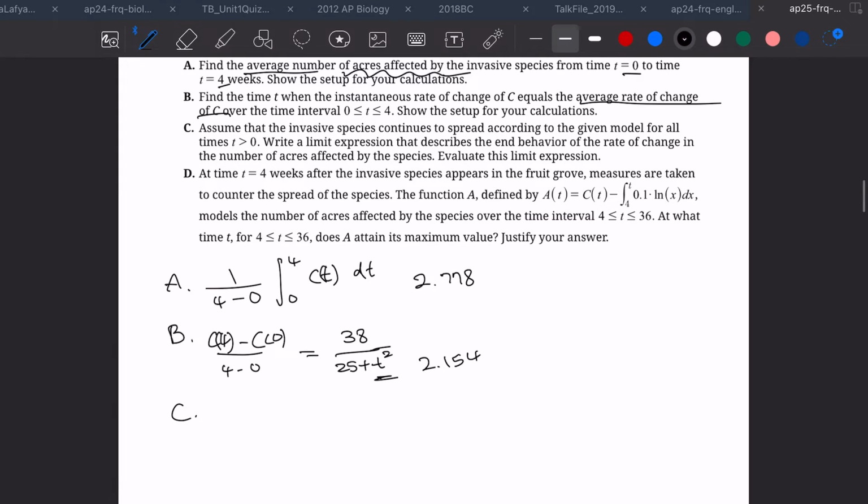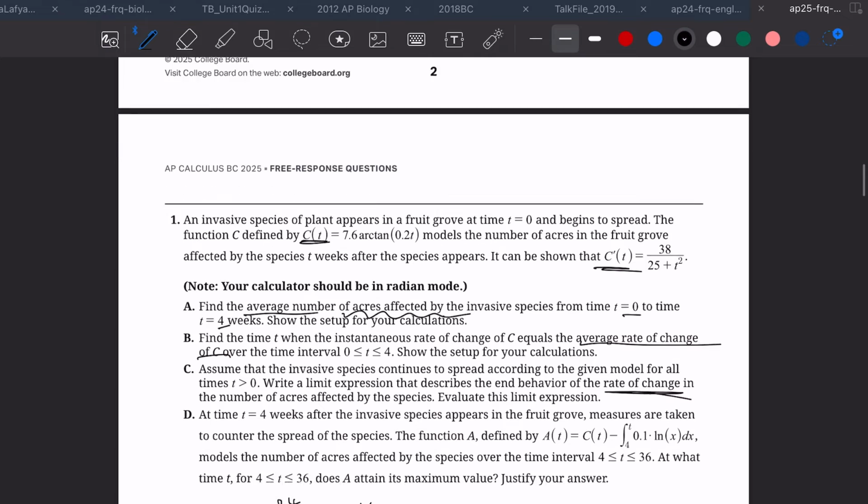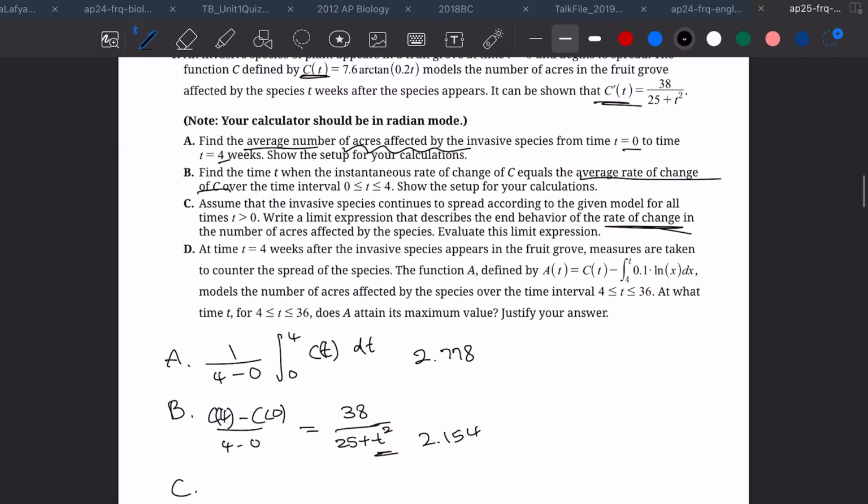C. Assume that the invasive species continues to spread according to the given model for all times t greater than 0. Write a limit expression that describes the end behavior of the rate of change in the number of acres affected by the species. So the end behavior of the rate of change is c prime of t, which is 38 over 25 plus t squared.